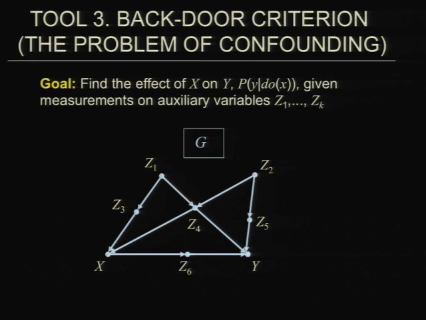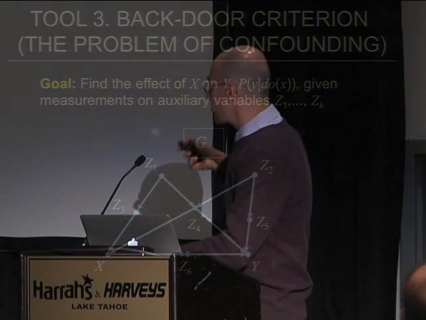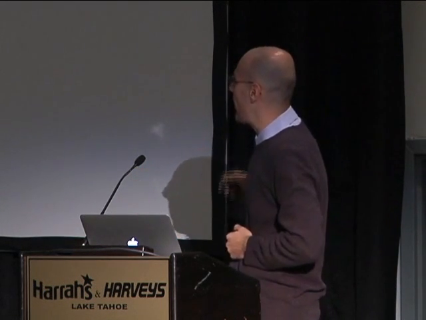And this leads us to a more general criterion that is called the backdoor criterion, which is related to this problem of confounding, or these variables that are creating spurious paths. More generally, what we want is to find the effect of X on Y given measurements of auxiliary variables Z1, Z2, ..., Zk. You can measure only some of them, and then you have a graph like that. How can you do that?